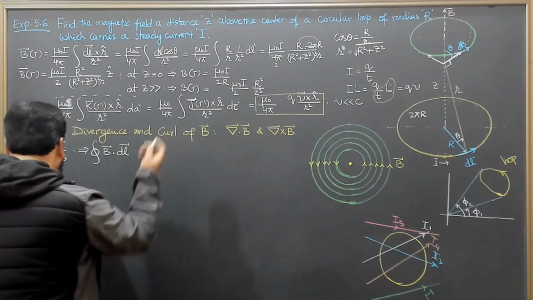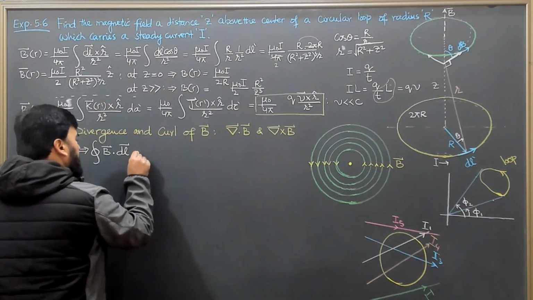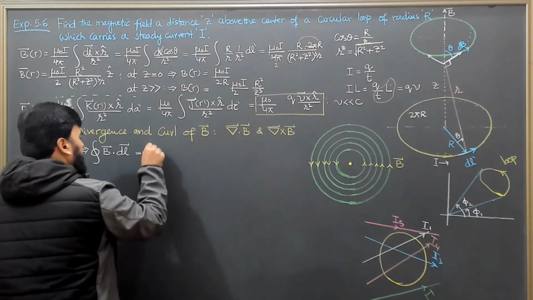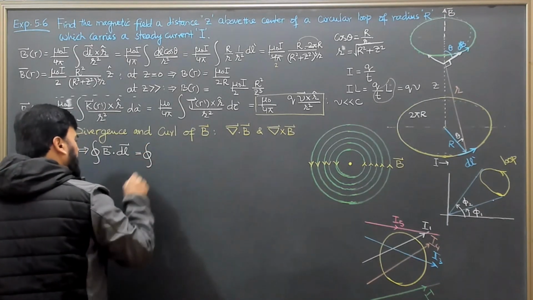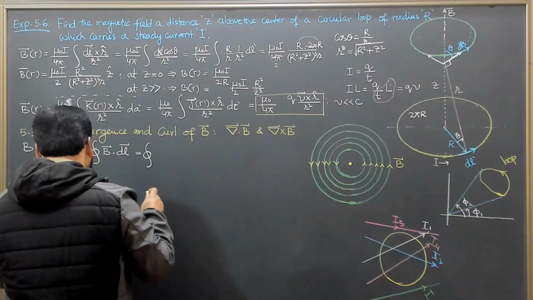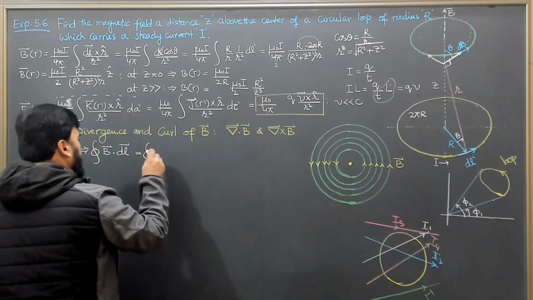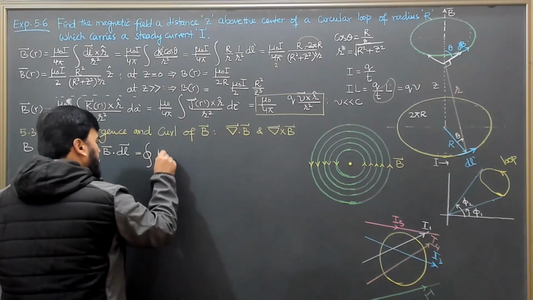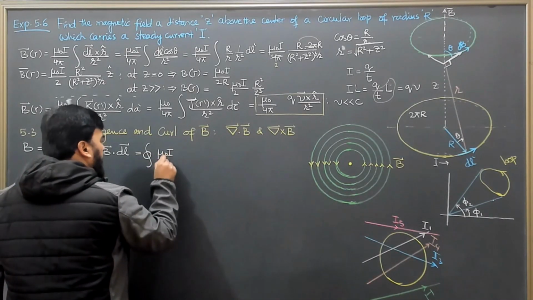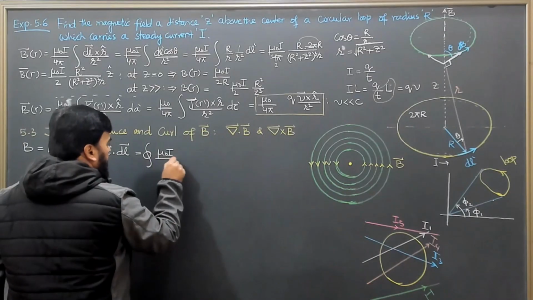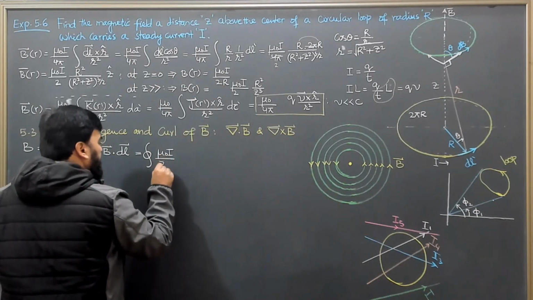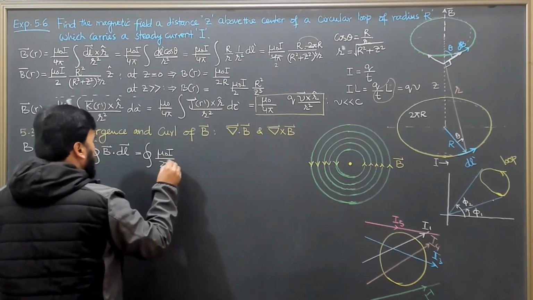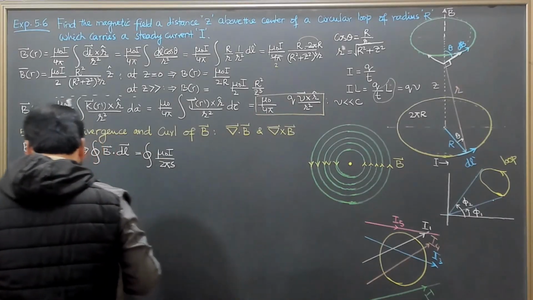So B dot dl is equal to the closed path integral, and for B I write mu naught I over 2 pi s, times dl.